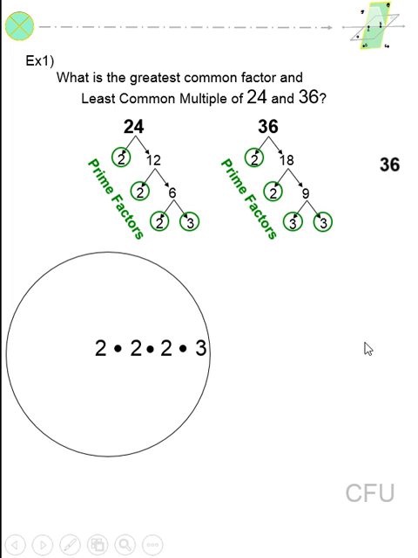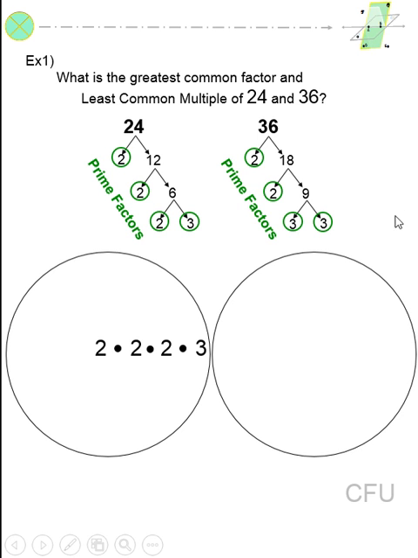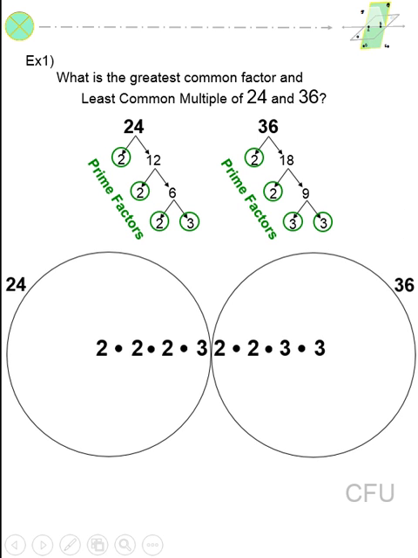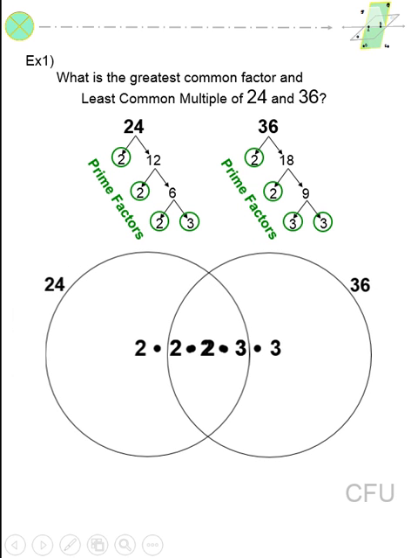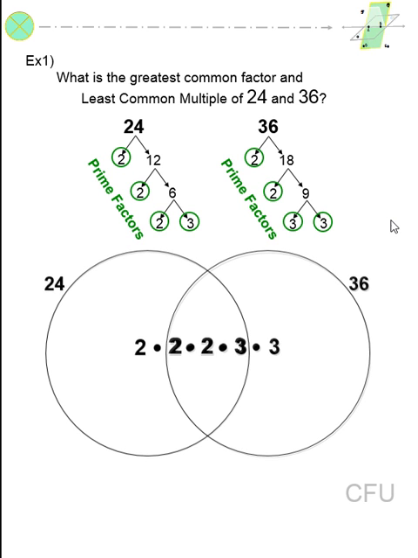This one for 36. Now here it goes. That's why we only write it once, because that's what overlaps for both. Does that make sense? Everybody got it? All right, so with that said, we got that.